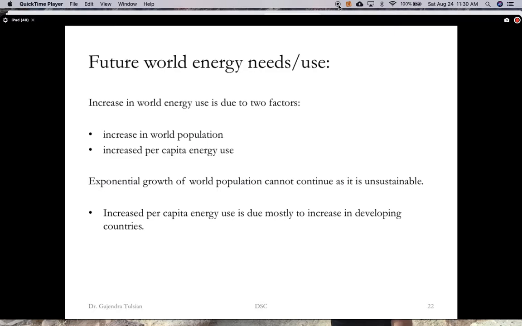All right, so why are we talking about this? Well, we have a pretty good idea that the world will have about 10 billion people. That would be the world population. And so, what would be our energy needs? Our energy needs will increase with just the increase in number of people, and also as lifestyles increase per capita, the energy needs will increase.